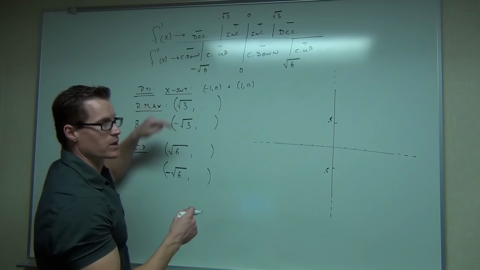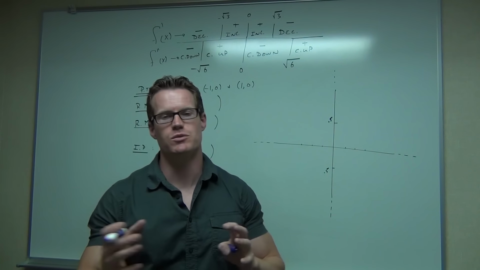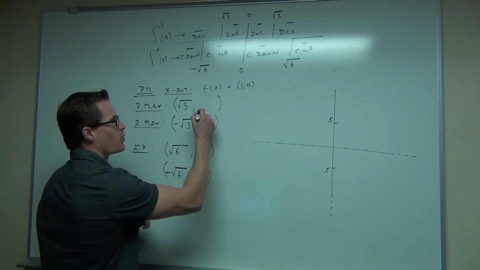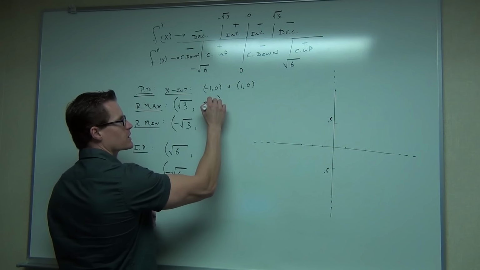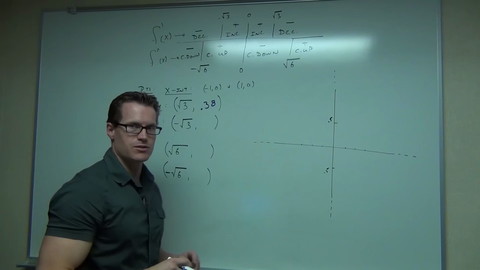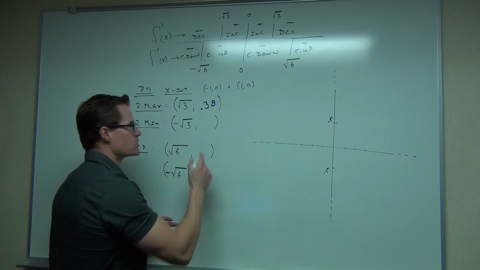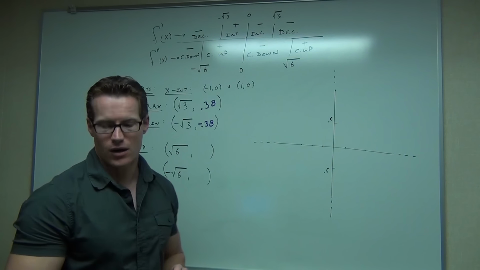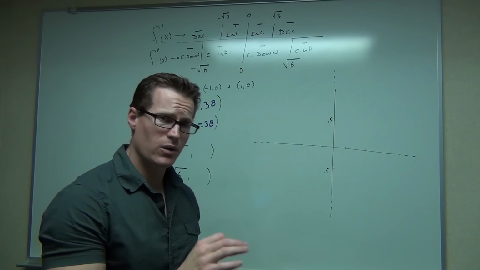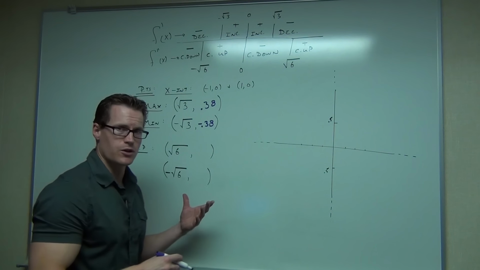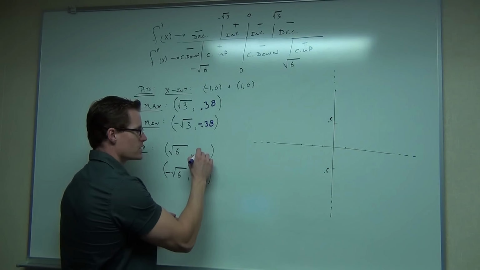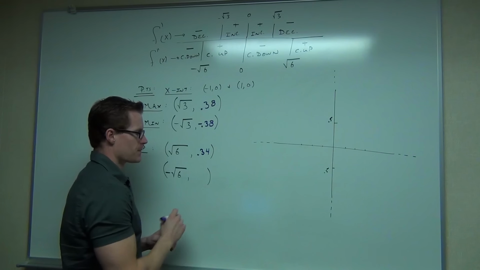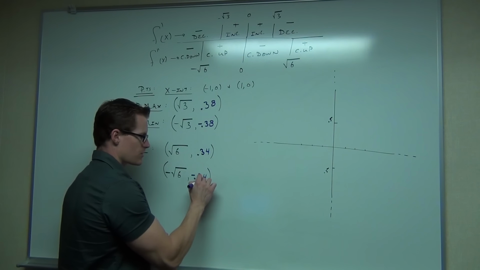When you take the root 3 and you plug it into the original equation, which gives you points, what you actually end up getting is 0.38. If you take negative square root of 3, plug it into that original equation, you're going to get negative 0.38. Now, when you take the square root of 6, you plug it into the original function, what you're going to get is 0.34 and negative 0.34.